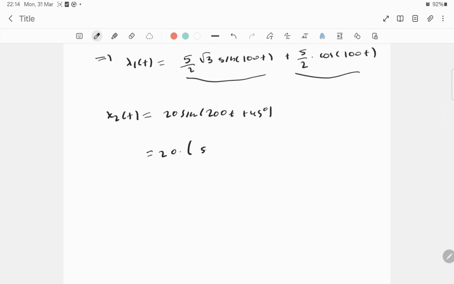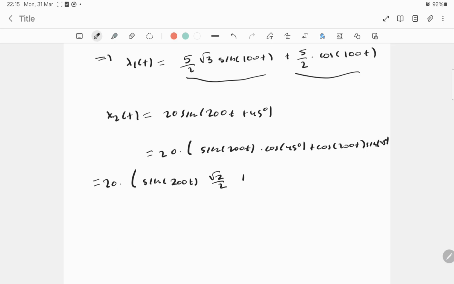So that's 20 times sine 200t cos 45 degrees plus cos 200t sine 45 degrees. Cos 45 degrees is square root of 2 over 2, and sine 45 degrees is square root of 2 over 2.